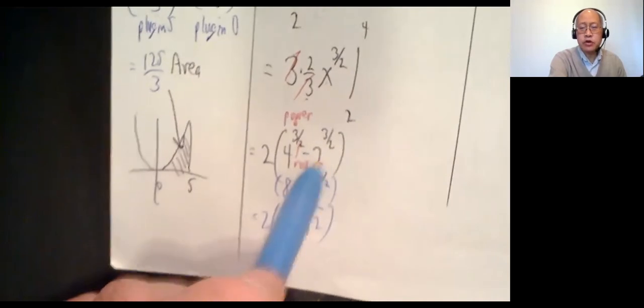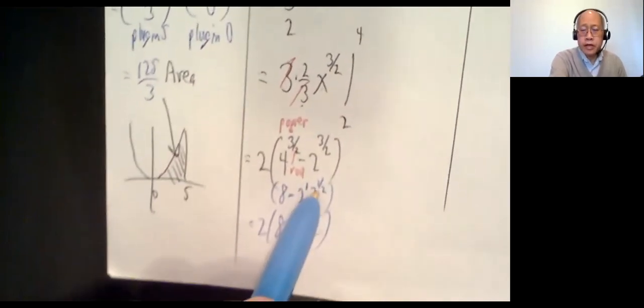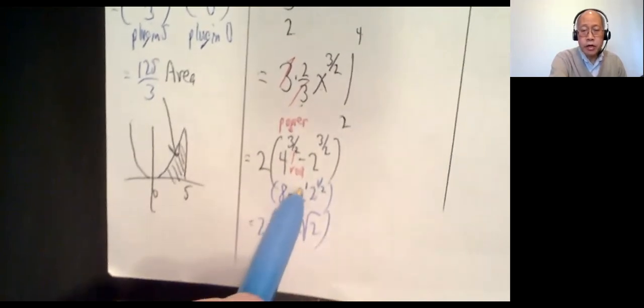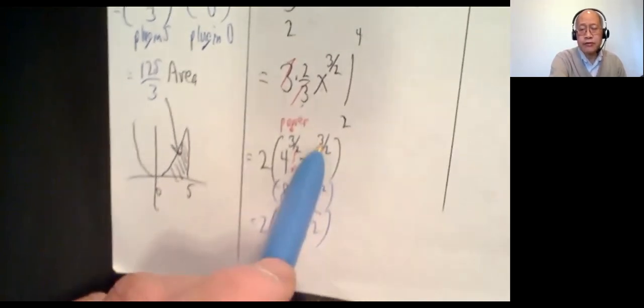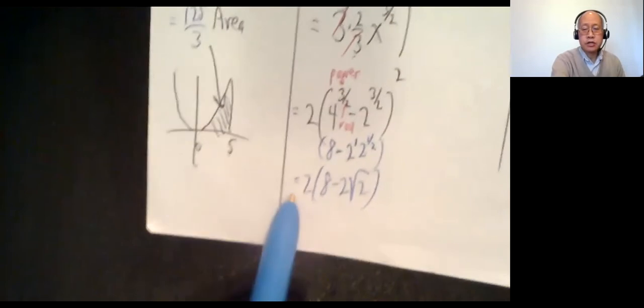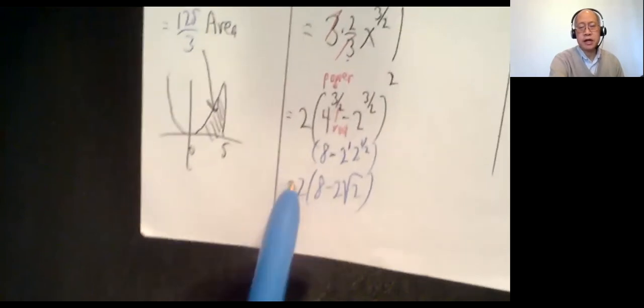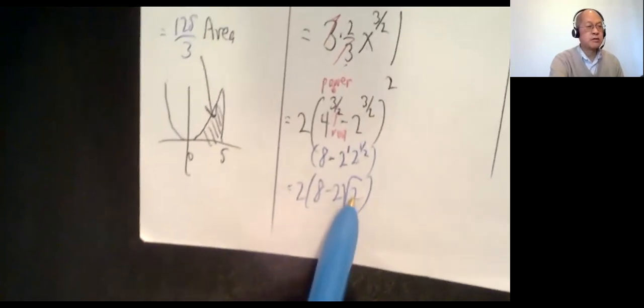Okay, the best way to do 2 to the 3/2, treat it as 2 to the 1, 2 to the 1/2. Okay, 1 plus 1/2 is 1.5 or 3/2, right? And the reason why you want to write it like that is because what's 2 to the 1? 2. And 2 to the 1/2 means square root. So the cleanest way to write the answer is this: 2 times 8 minus 2 radical 2. Or you can distribute, if you want to distribute 2 times 8 is 16 minus 4 radical 2. That's okay also.